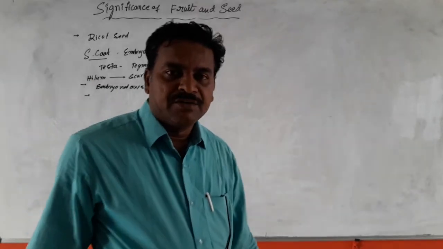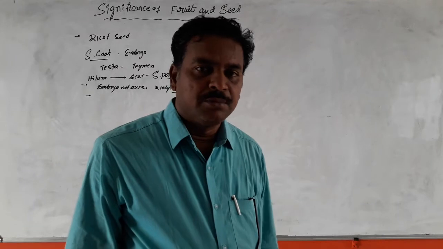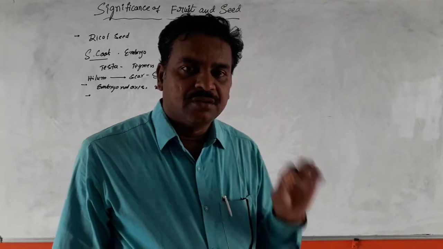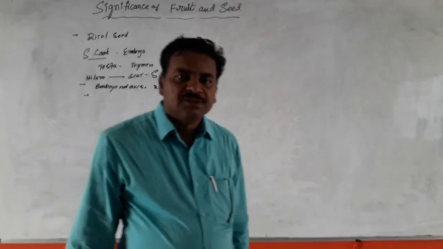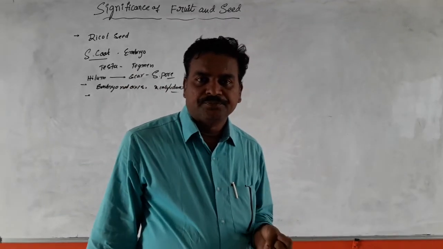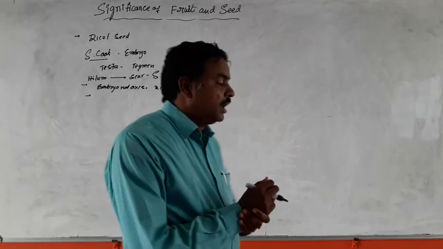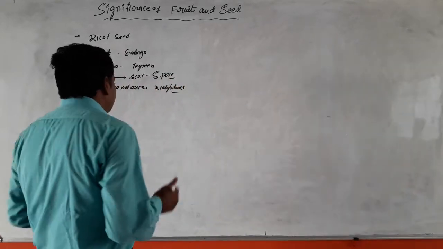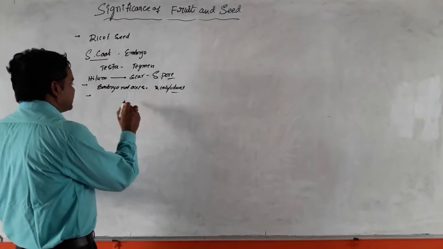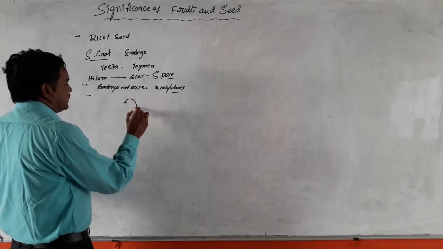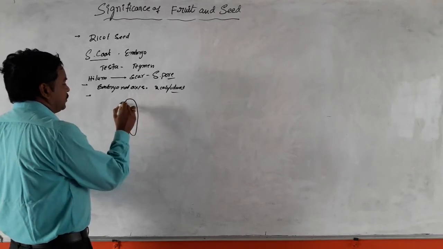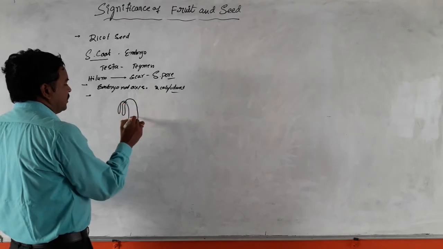As already explained in the previous class, the structure of the dicot embryo consists of an embryonal axis and two cotyledons, and the cotyledons store food material. The embryonal axis is represented by these cotyledons.